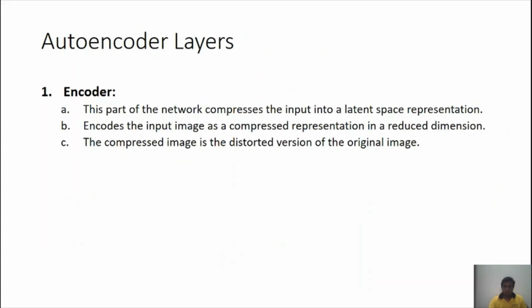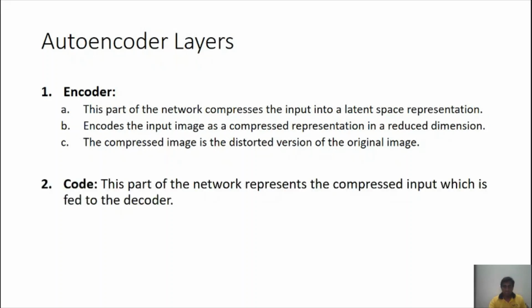If you look at this a bit more in detail, you will find that the encoder section compresses the image or the data that has been given to it into a smaller size, which is basically accomplished by using the hidden layer.